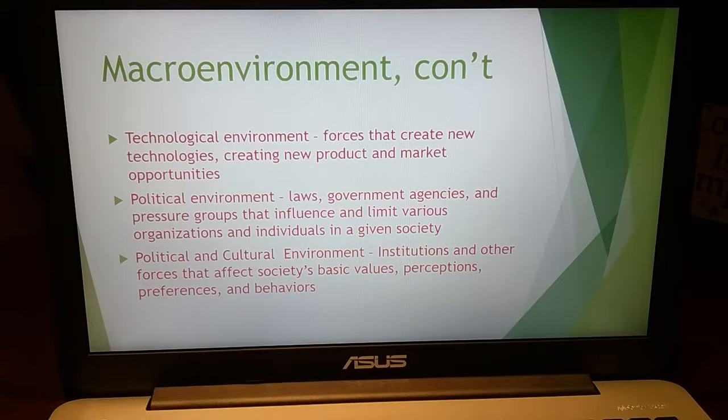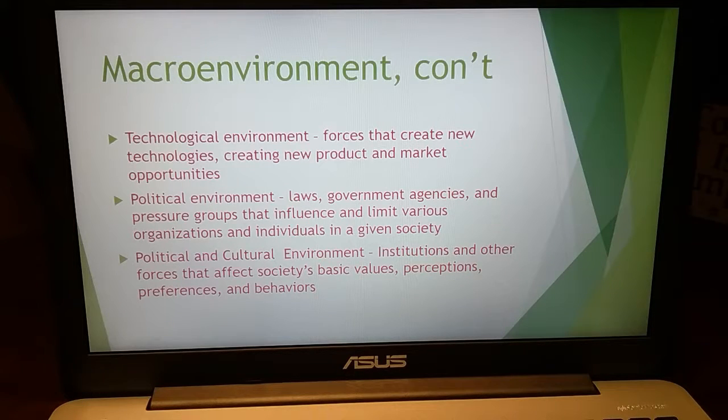All right, macro environment continued. Technological environment, things that will help you either in the production of your product or also the distribution of your product as well. Political environment, changes in government regulations that may or may not help you. There's a whole list in the book.